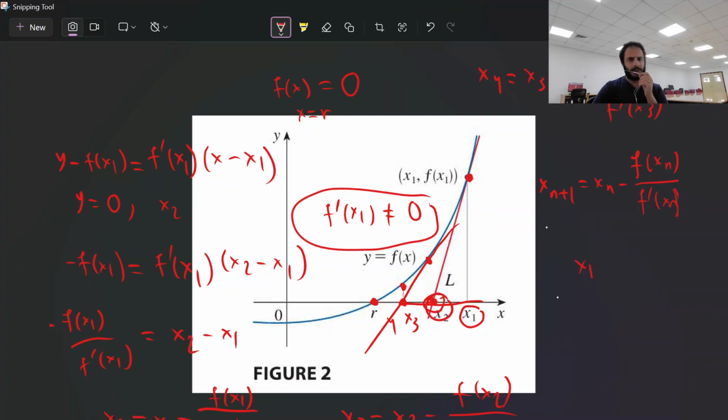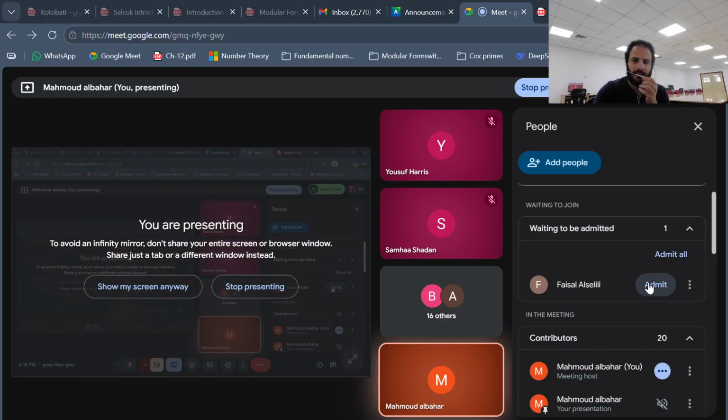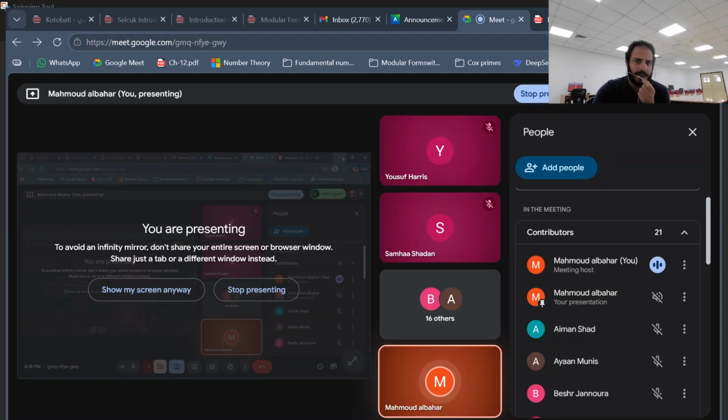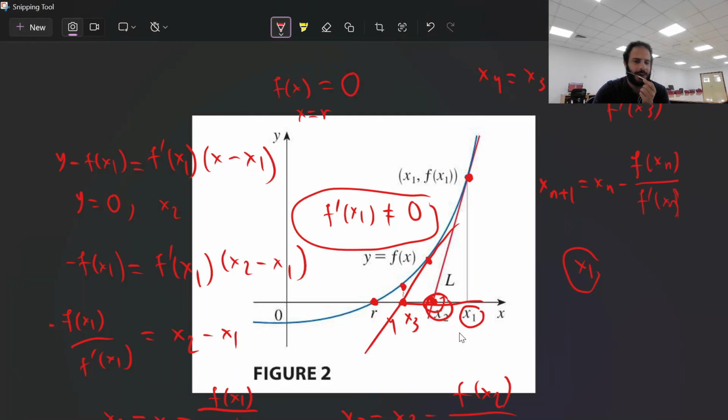Now, about x1, we need it to be close enough to r. But now you may tell me, how can we know that it's close to r or not, even though we don't know r? How can you choose x1 close enough to r even if you don't know r?